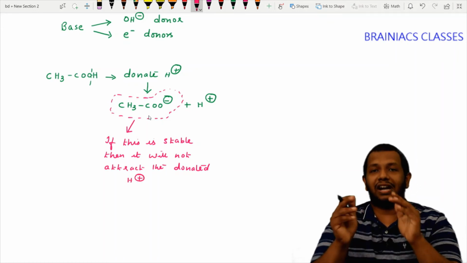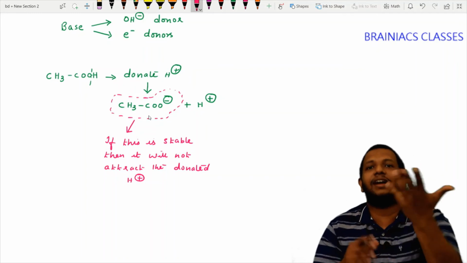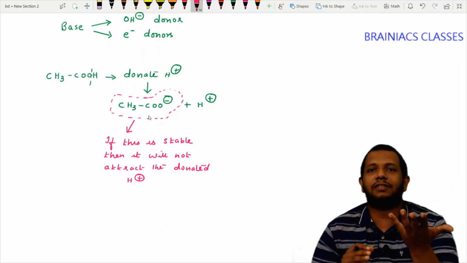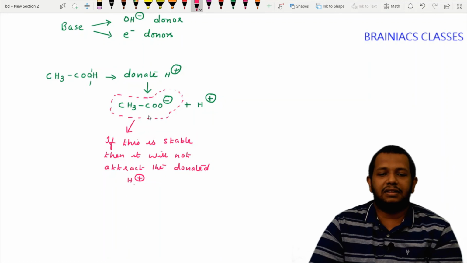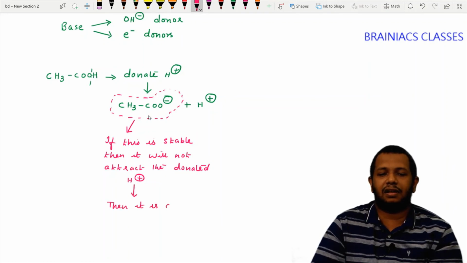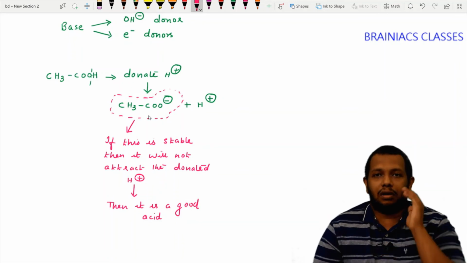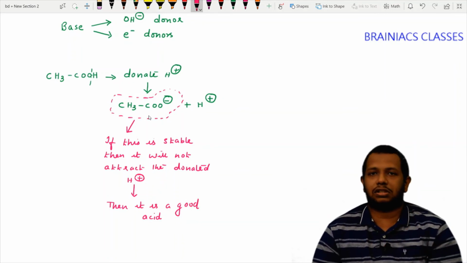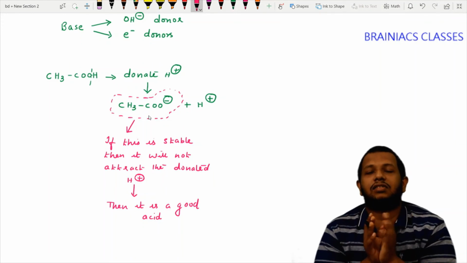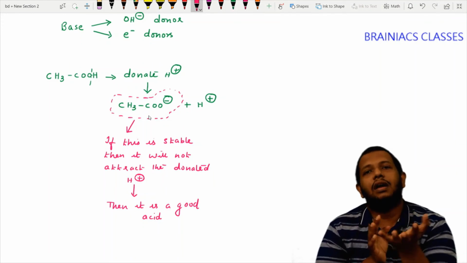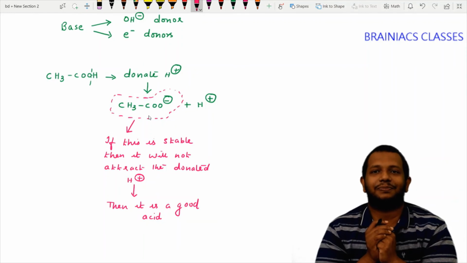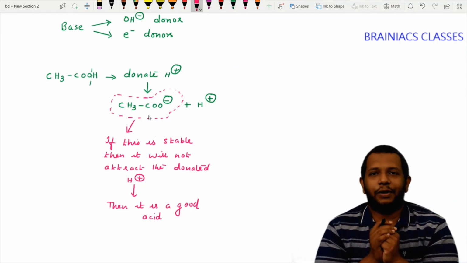If it is not attracting the donated H plus, it means it has donated an H plus, and somebody who donates H plus is a good acid. Okay. So it depends upon the stability of the remaining structure. Suppose the remaining structure is not stable, then what will happen? It will attract the H plus. Correct? Okay, I can give you an example, but right now not needed.